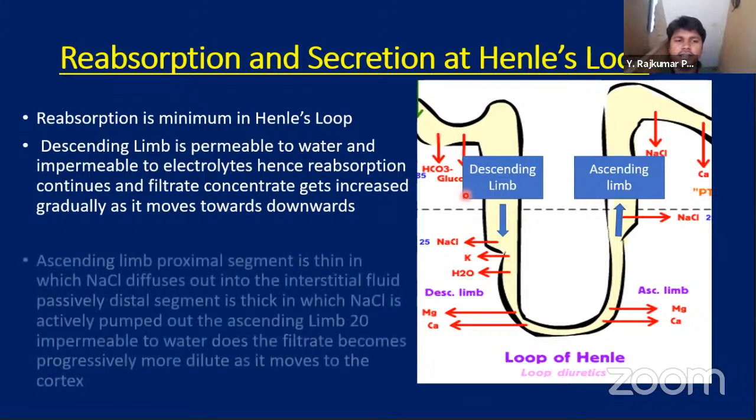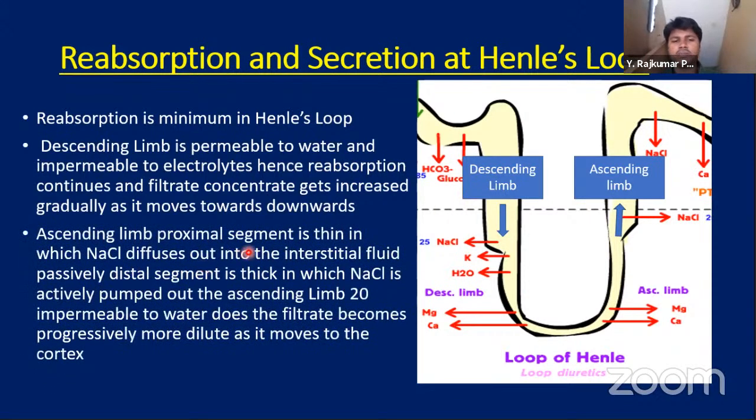Okay. Ascending limb proximal segment is thin, in which NaCl diffuses out into the interstitial fluid passively. Here you can see the NaCl is moving outside. Distal segment is thick, in which the NaCl is actively pumped out. In the ascending limb, you can see NaCl is moving outside.